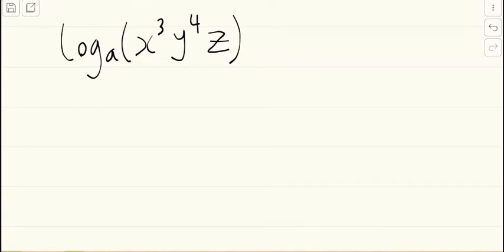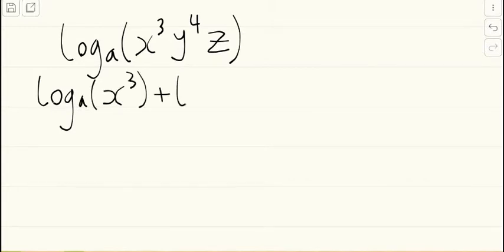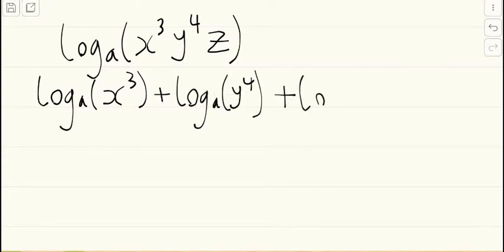So we write this as log to the base a of x cubed plus log to the base a of y to the 4 plus log to the base a of z. Notice how I put lines through my z's. The reason I do that is just so that I don't get confused between a z and a 2. Okay? Right. So we've got that.